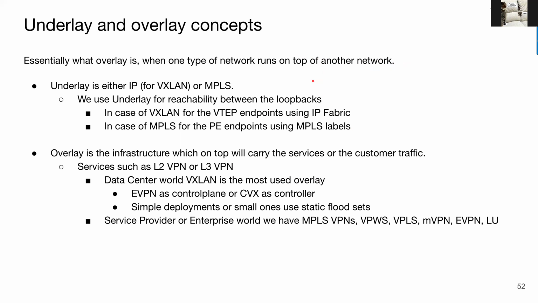So our underlay here, it says for VXLAN or MPLS. Our underlay is going to be our IP infrastructure. Whatever we're running, whether it's static routes or an IGP, our underlay is that layer 3 connectivity.